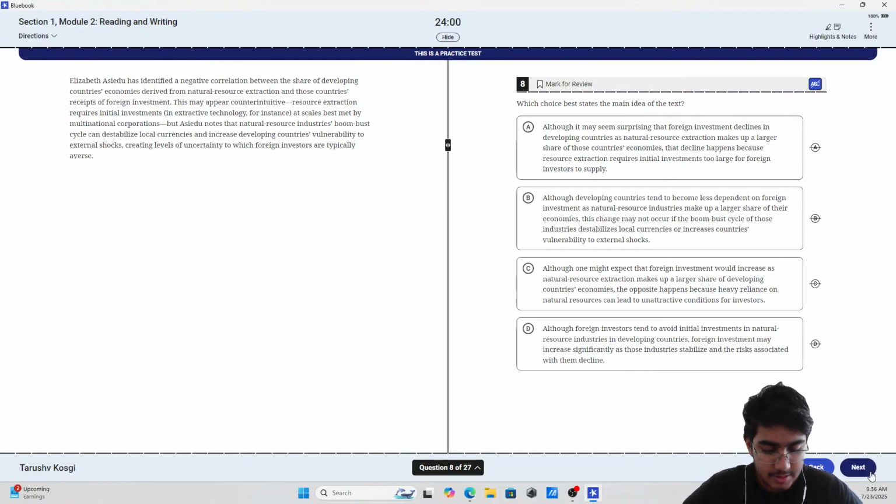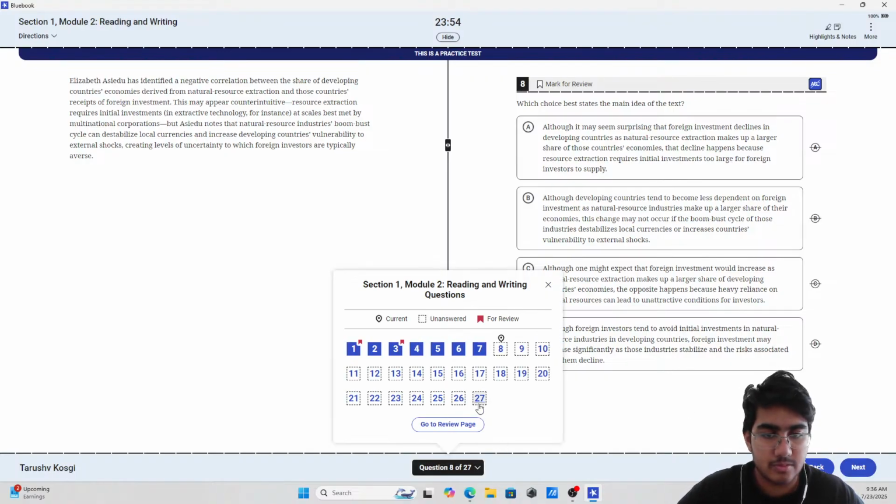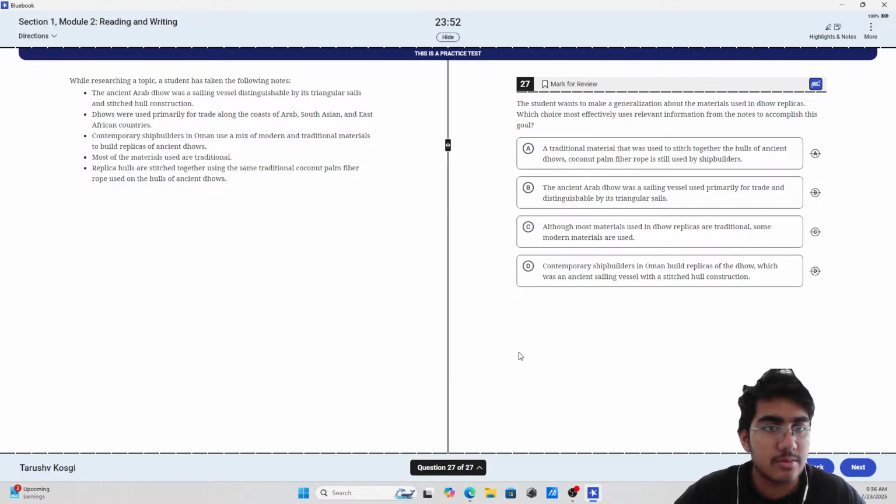Which choice best states the main idea of the text? I want to skip to the grammar section, or the section at the back, and work backwards. The student wants to make a generalization about the materials used to endow replicas.